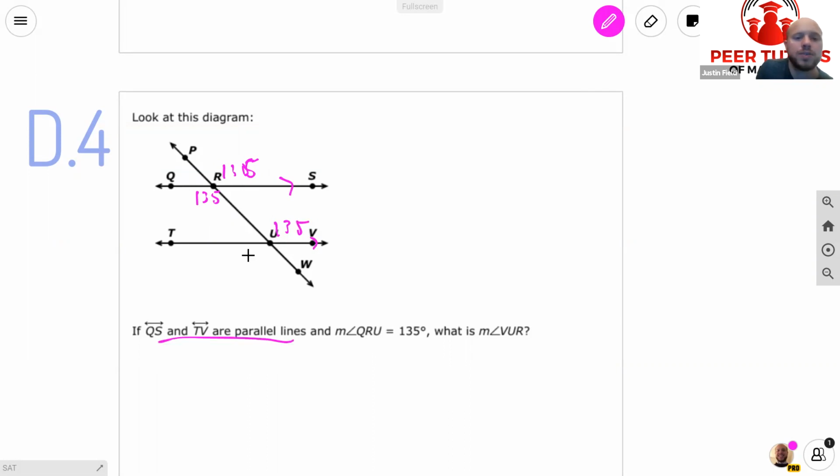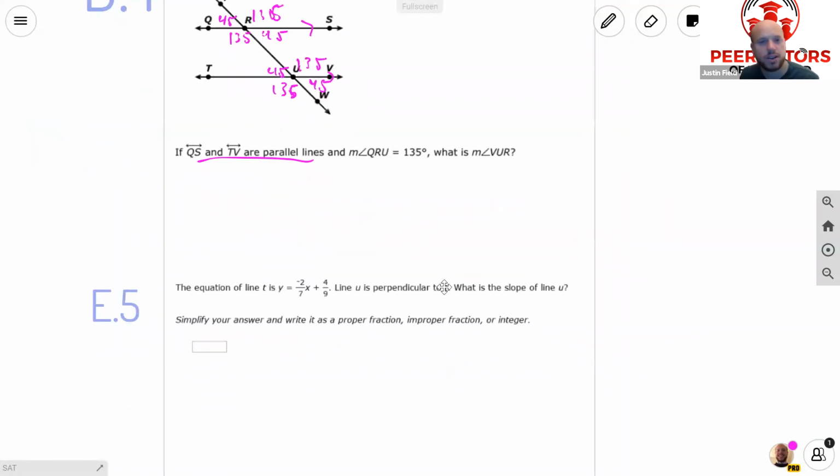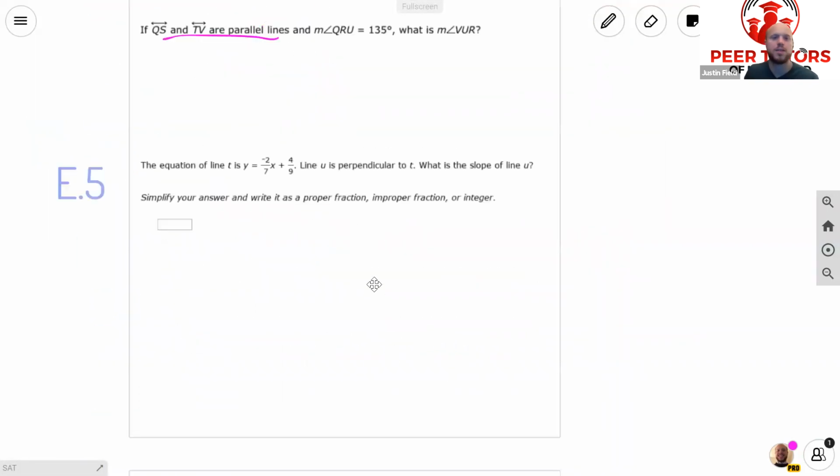But if this is 135, then this is 135 because they're vertical angles. And then we know that we have linear pairs that add up to 180. So this must be 45, so that they would add up to 180. So that makes this 45, and this is 45, and this is 45. So once you know that the lines are parallel, you can easily tell all the angles. So have fun with that.